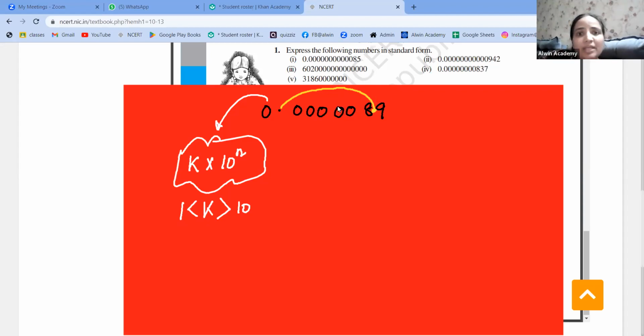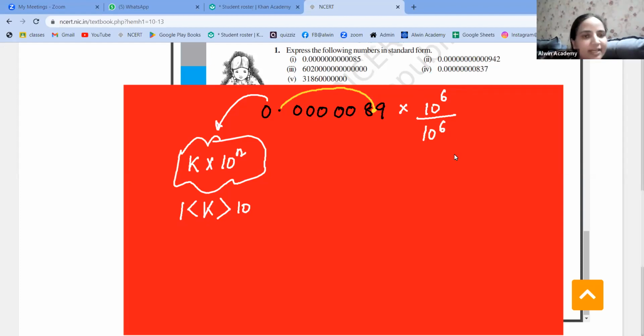Now, in order to make this 8.9, what will I do? This is 6 steps, no? I'll multiply it with 10 to the power 6. That means 1, 2, 3, 4, 5, 6. 6 jumps will take because there are 10 sixes. And I'll have to divide this with the same number as well, because I cannot only multiply some number by myself, no?